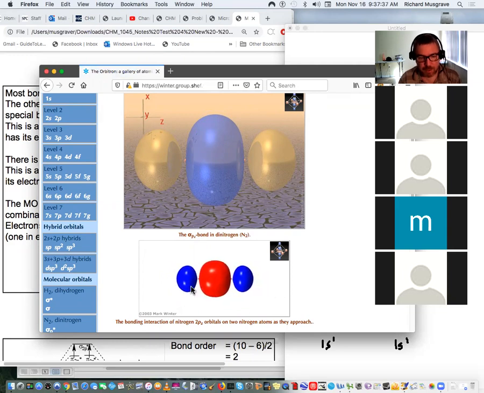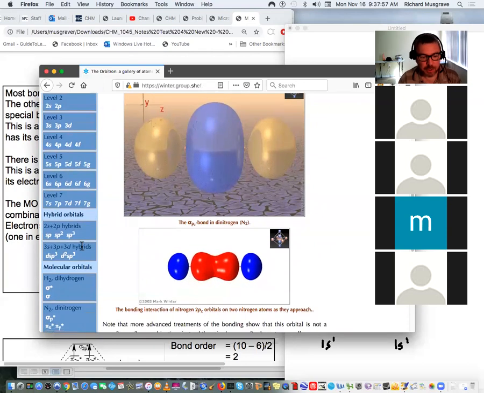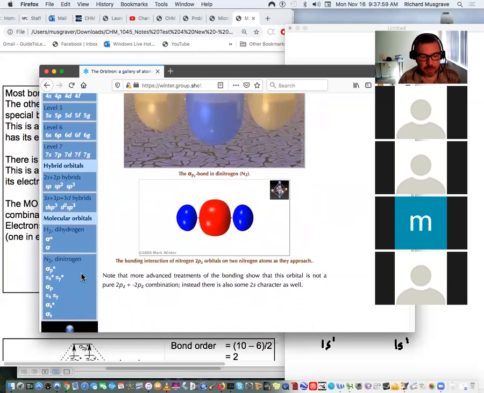But the point is that what we're seeing here is a combination of the red lobes with the blue lobes on the outside. And this is the molecular orbital that we get from combination of two p orbitals that are joining end to end. I'm going to show you a couple of other combinations here.